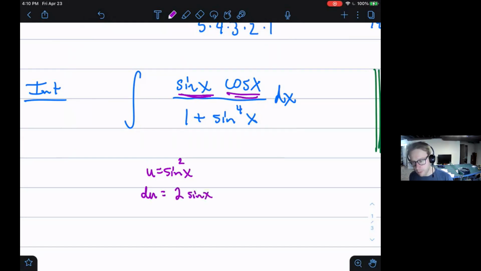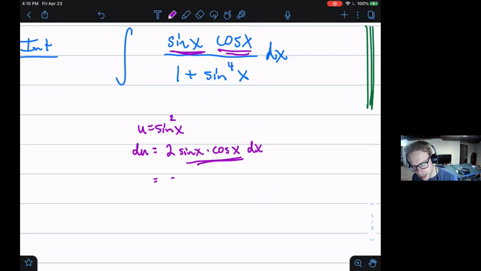I'd reduce my power by 1. So instead of sine squared, I'd have sine to the first power. Then I would multiply by the derivative of the inside, and the derivative of sine is cosine. And so you can see that we actually have all of this here, sine x and cosine of x. And so we can go ahead and exchange sine x, cosine x, and our dx here for half of a du.